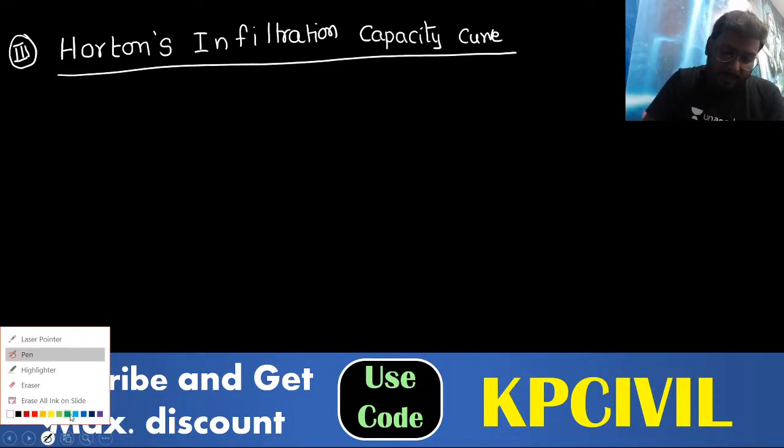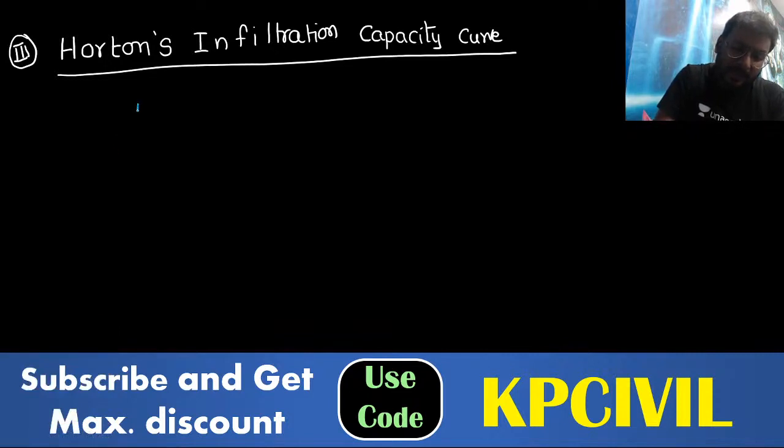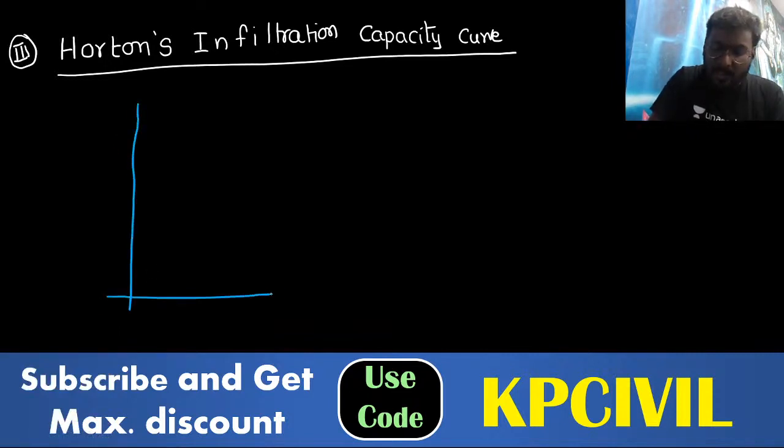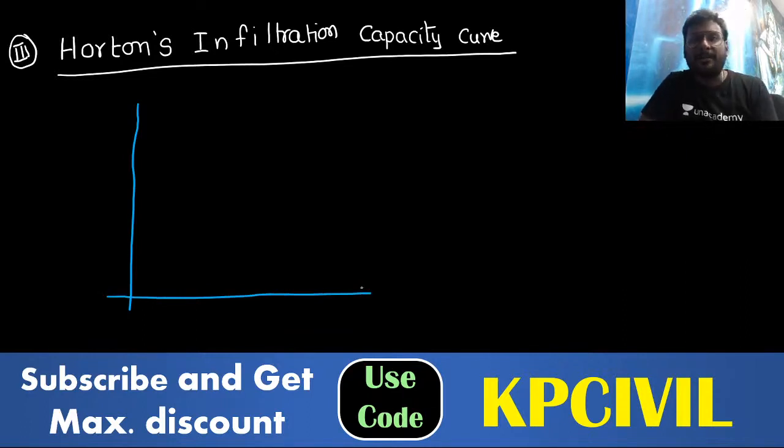Horton is the scientist who did experiments with different kinds of soils, and he provided a common universal curve and universal equation. Got it? He provided two: one is the universal curve and the second is the universal equation.